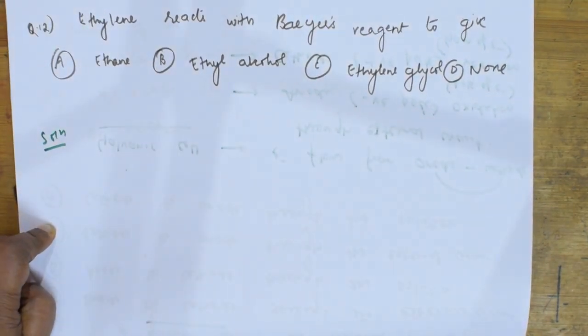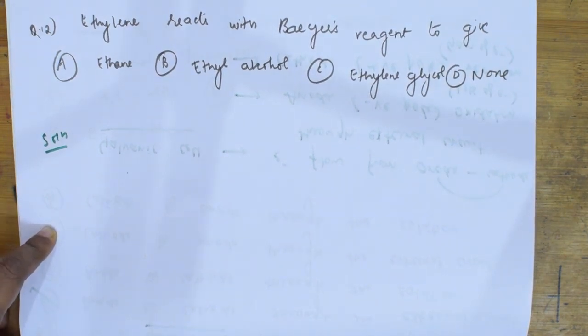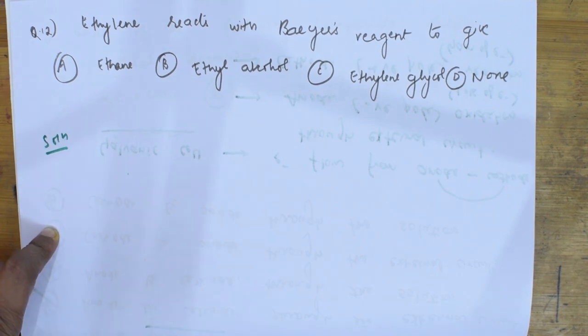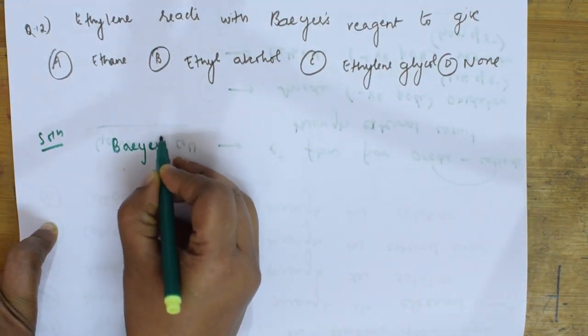What actually is Bayer's reagent? Basically in organic chemistry you have to remember different types of reagents, students. So as soon as Bayer's reagent is given to you, you have to be clear what actually this is.